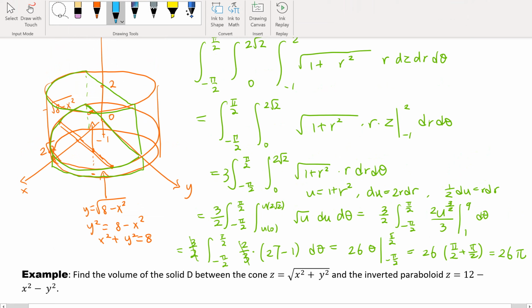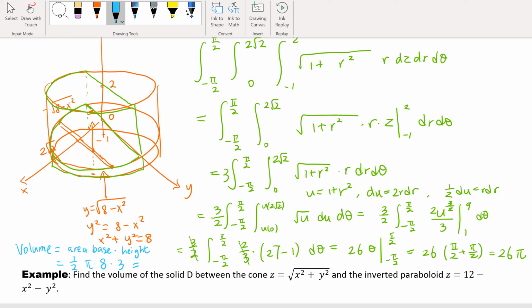Okay, so from geometry, we know this volume equals area of base times height. What's the area of base? Well, it's half of the circle, so pi r squared over 2. Well, r is 2 square root 2, r squared becomes 8. And what's the height? You see, from minus 1 to 2, 2 minus negative 1 is 3.